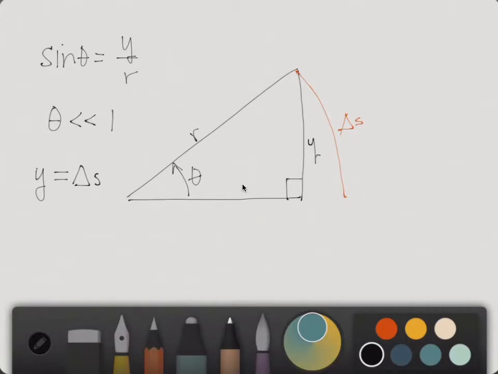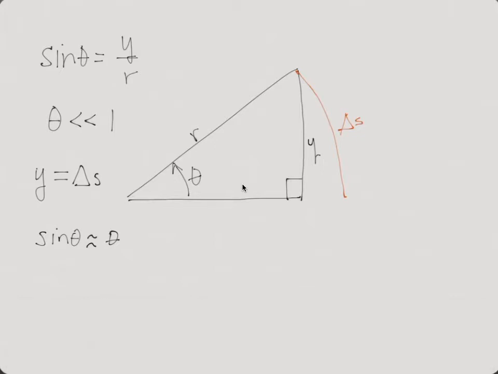So that means that if the angle is much less than 1, then sine of theta is approximately theta. Okay? So now we can substitute those things into our original sine equation.